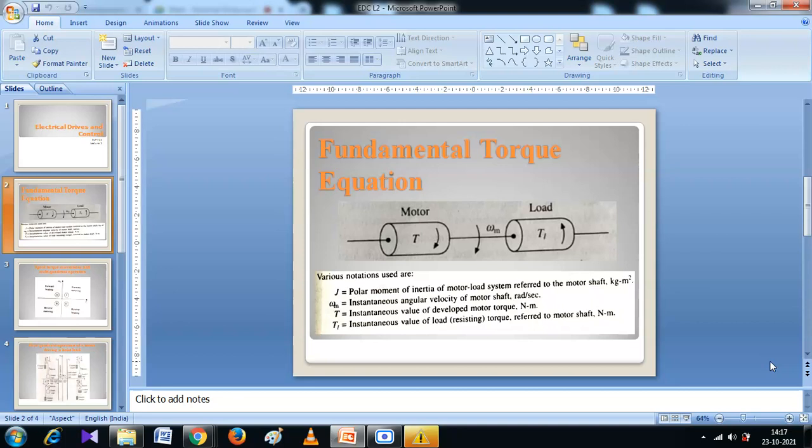That means the motor is generating T torque and the load is opposing it by TL torque. Then we can write the fundamental torque equation, please write down.